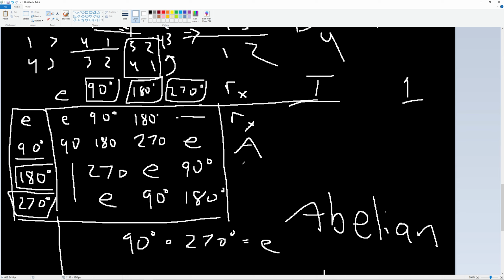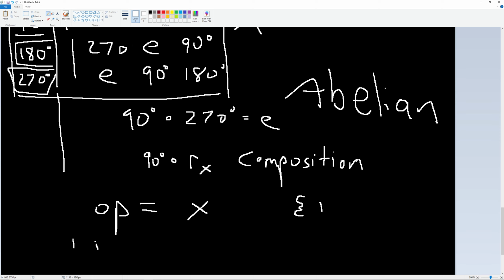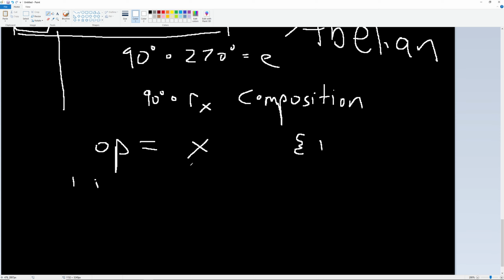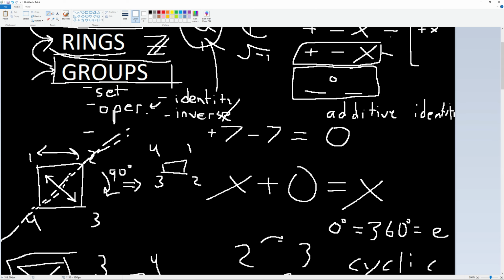Okay? So for reflection about the x-axis, the inverse is itself. You do the reflection twice, you get back where you started from. Same with every reflection. Every reflection is its own inverse. Okay. So we require identity, inverse.